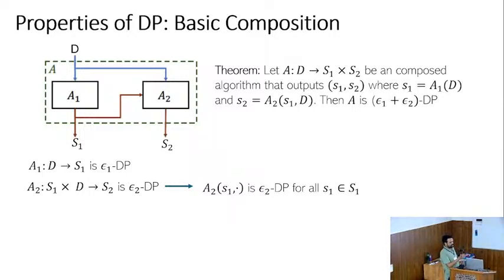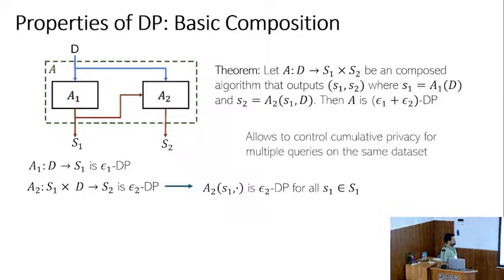So composition tells us if you take two differentially private algorithms and compose them together, the privacy guarantees will still simply add up. So what does it allow? If we do multiple queries on the same data set, A1 answers one query, A2 answers another query, you can give a bound on the cumulative privacy over the different queries asked on the same data set.